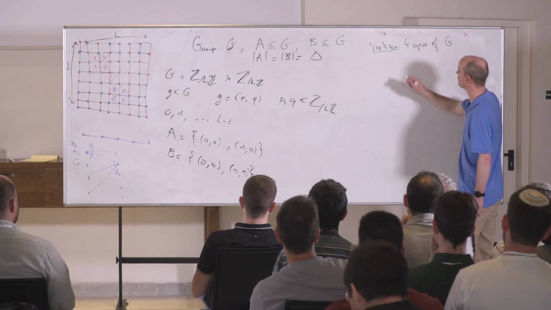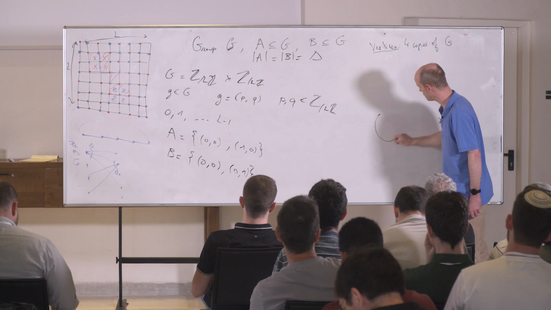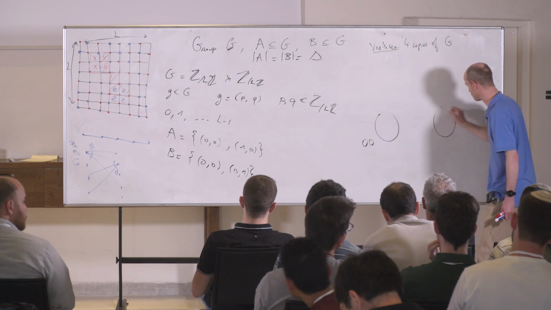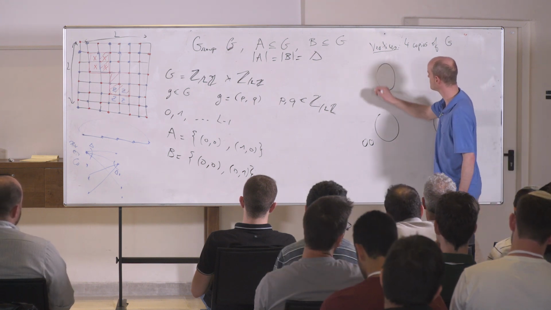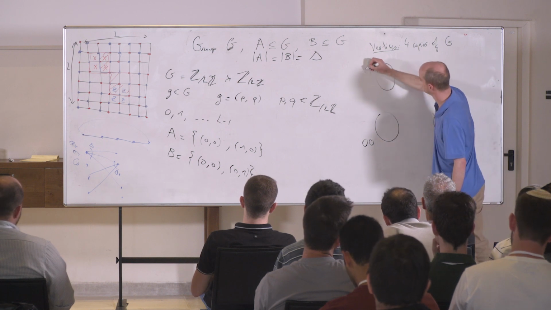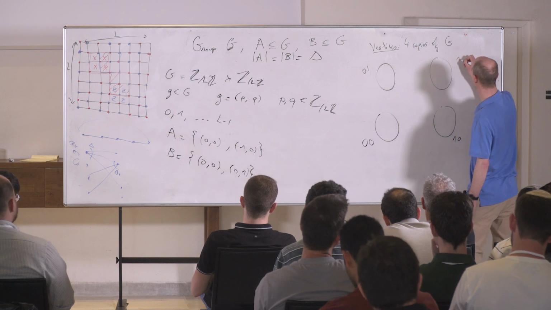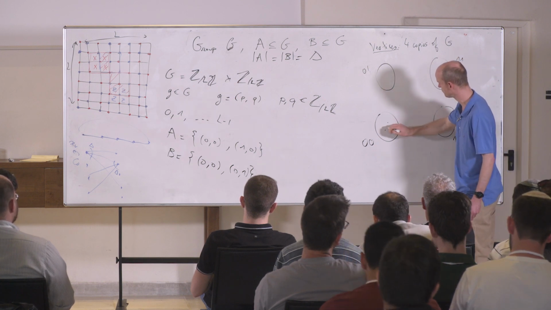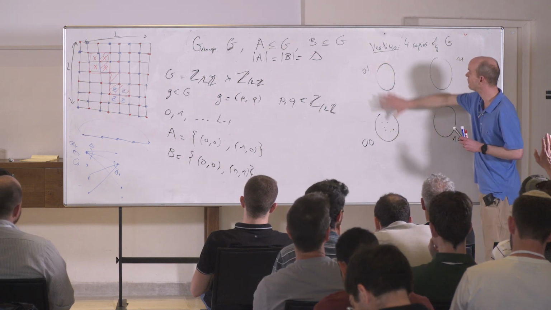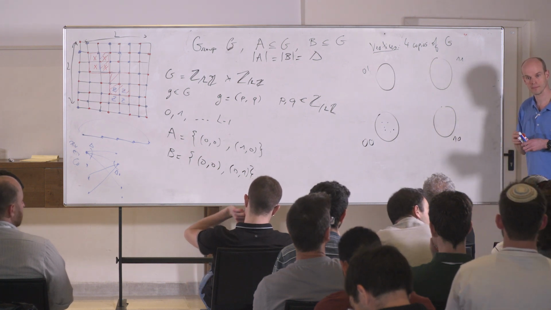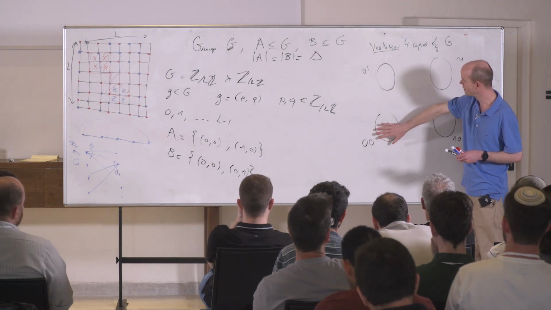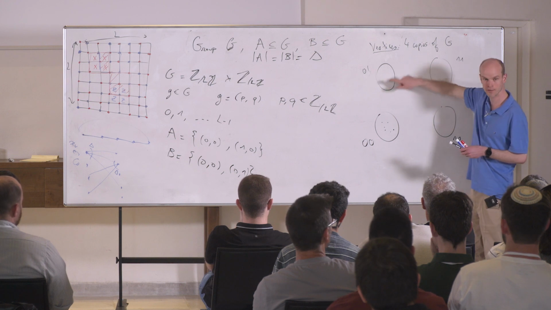So you have a set labeled 0, 0, then 0, 1, and then 1, 0, and the fourth set, 1, 1. All of these are a copy of the group G. These are my vertices. The notation is just a label to distinguish these four things.